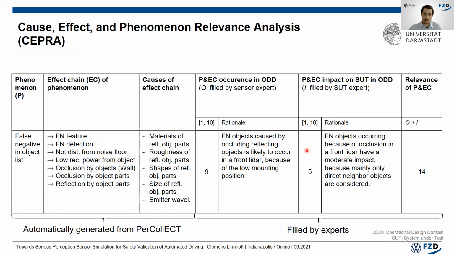And then by building the sum of these two scores, we will get an overall score. We deliberately take the sum and not the product to stress individual high ratings in these two categories. And this method, this table consulting the experts, we call cause effect and phenomenon relevance analysis, in short, CPRA.